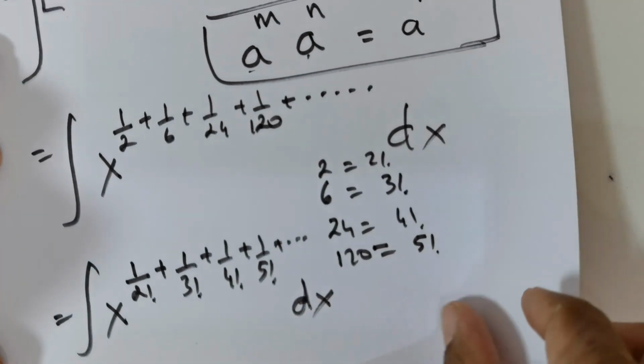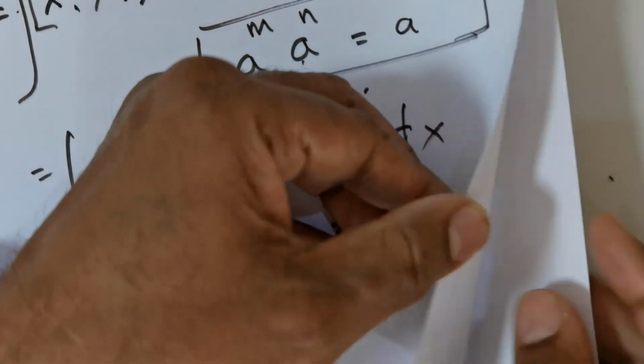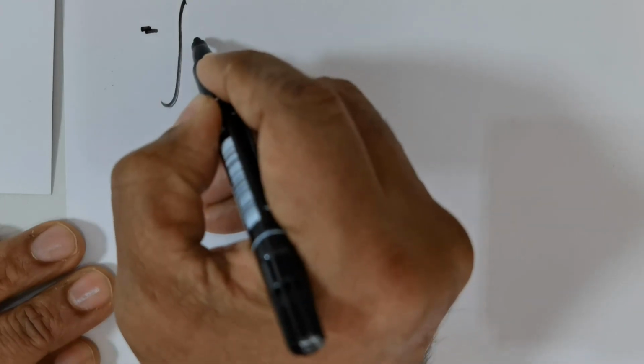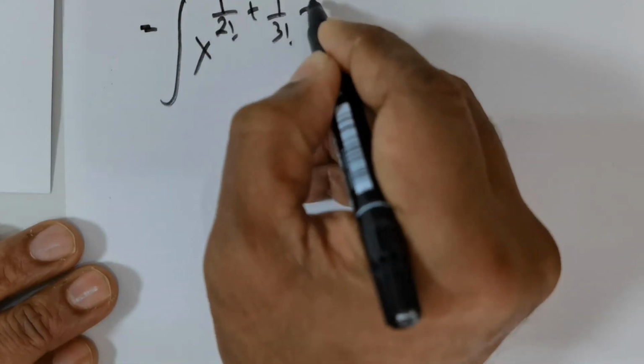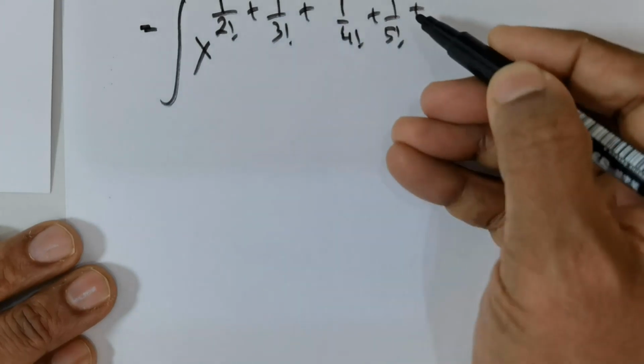Okay, fair enough. Now let me go to the next sheet. Okay, so this is equal to, let me rewrite that, integral x raised to the power of 1 over 2 factorial plus 1 over 3 factorial plus 1 over 4 factorial plus 1 over 5 factorial plus etc.